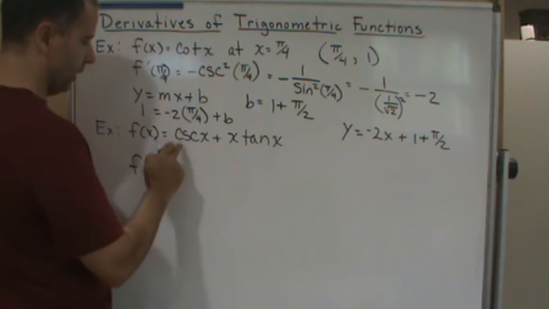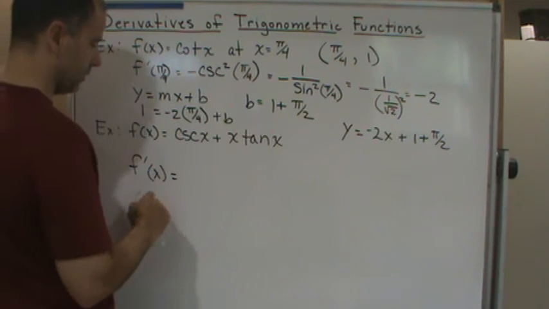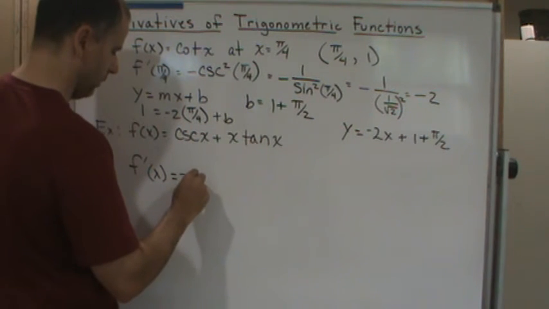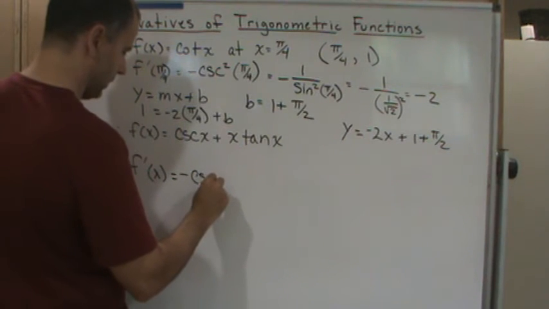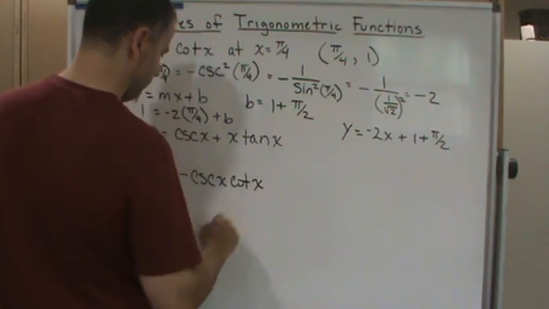The derivative of cosecant is negative cosecant x cotangent x.